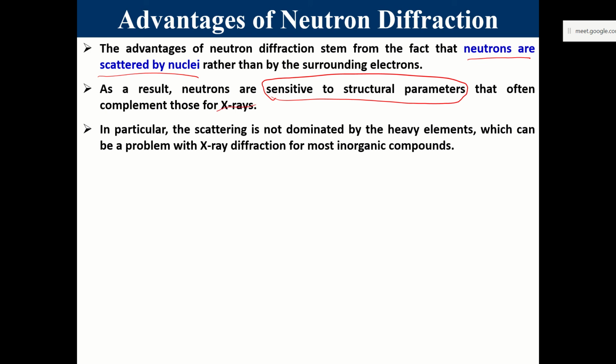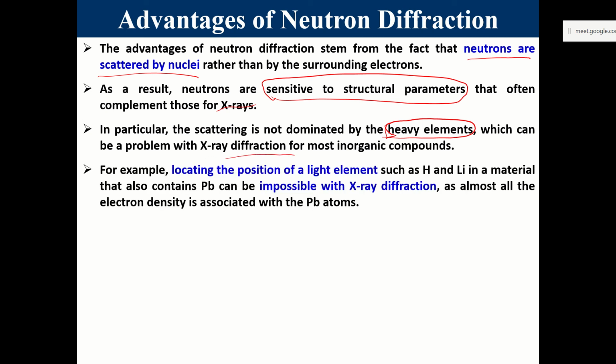X-ray scattering is always dominated by heavy elements. In X-ray diffraction you will always get greater signal from the sites of heavier atoms, and so X-ray diffraction suits most things.